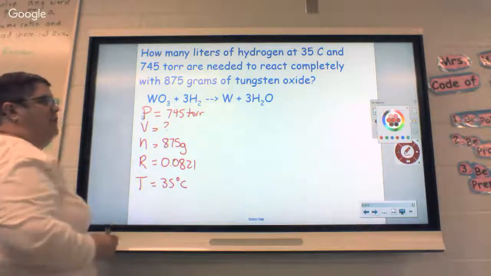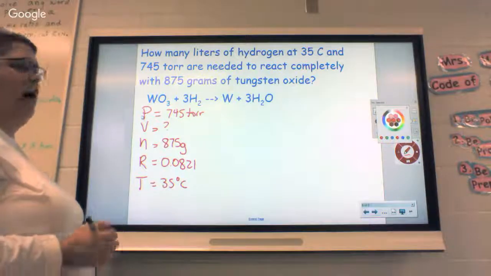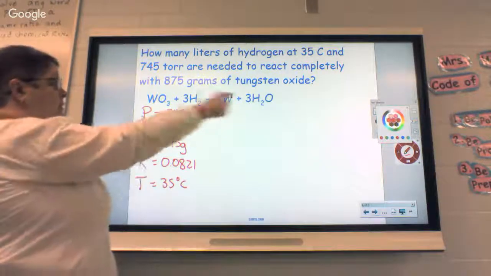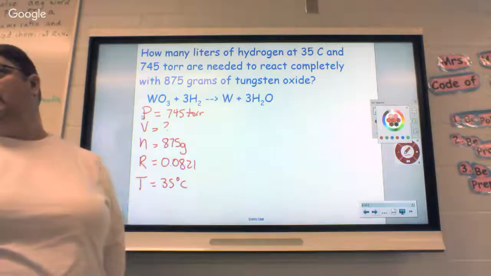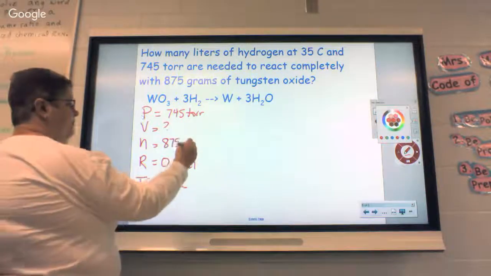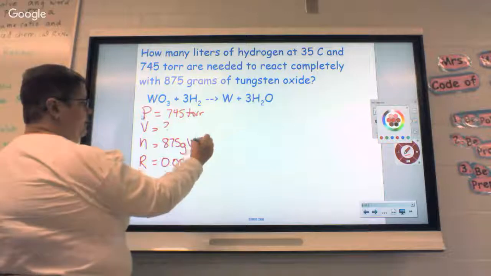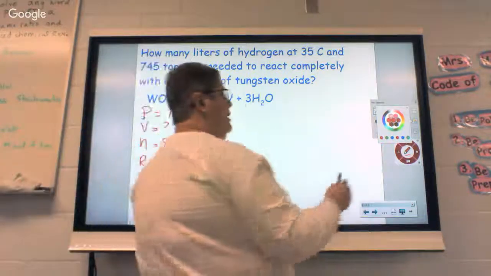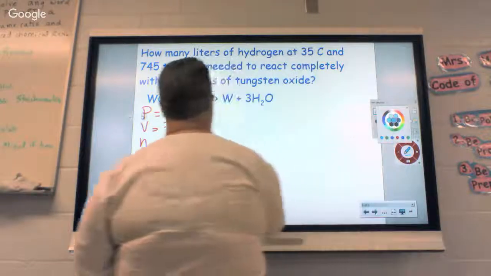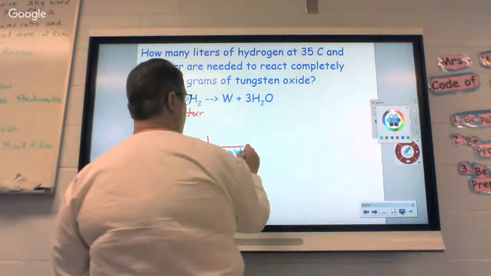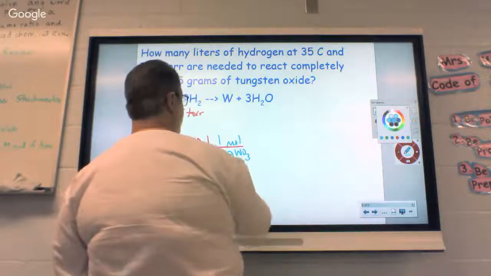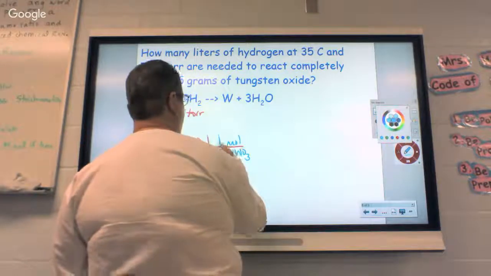Now, the 875 grams is grams of what? Which one of those compounds is tungsten oxide? WO3. Okay? So if it's WO3, I'm going to put grams of WO3 here and moles on the top, 1, and then WO3's mass is 236.